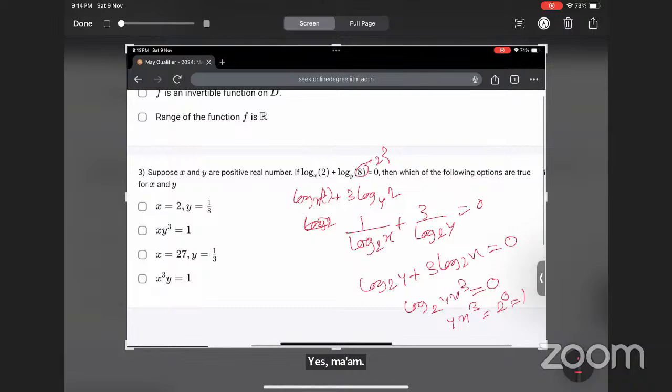You can make this type of observation, just apply the formulas, then you can get it. The steps are clear? Yes, ma'am, no doubt. You have taken the LCM in that step where you took it to 0? Yes, just cross multiplication, just take the LCM.